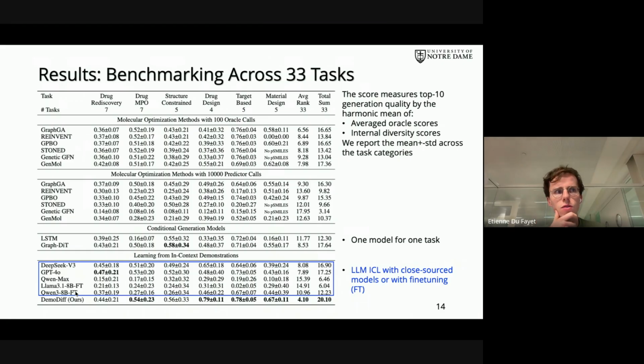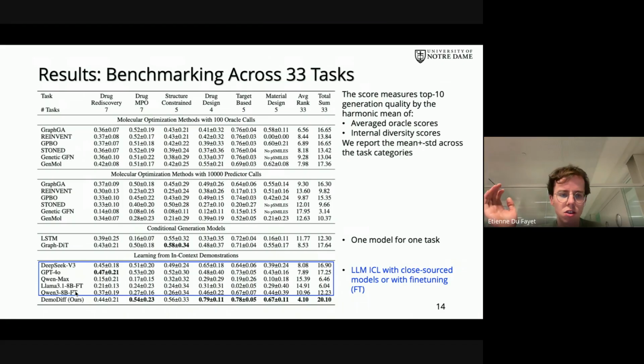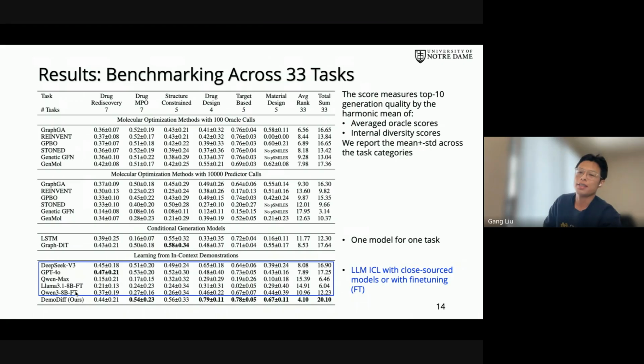Interesting. I was curious why you chose to use a diffusion transformer and not a regular GPT transformer, in an autoregressive manner. That's a difference between diffusion models and autoregressive modeling for molecules.